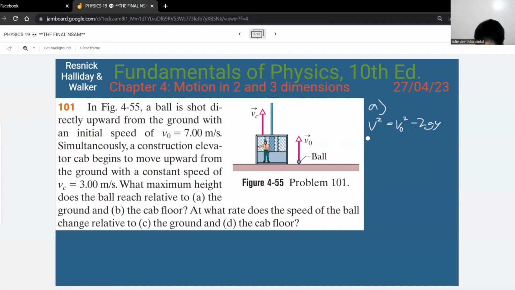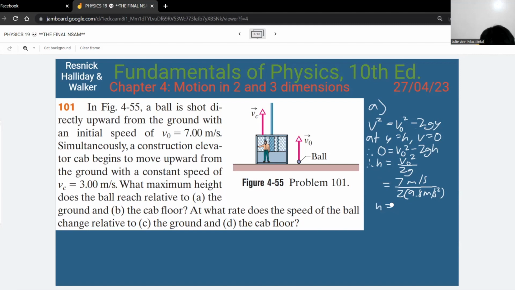And then at y equals h, what is v? So, substituting the values: 7 squared divided by 2 times g. Wait, isn't it 7 squared?